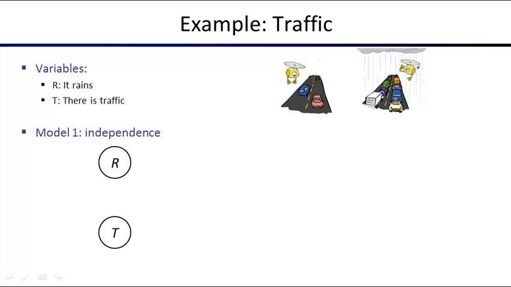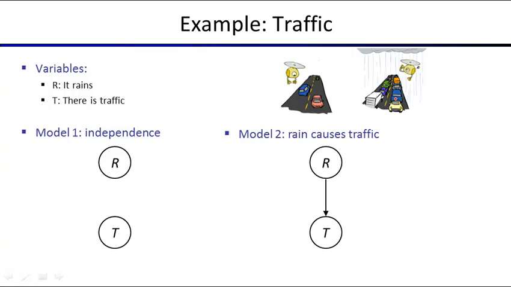If you say there is a causation there, you have a model with an arrow from rain to traffic. Both models are graphical models. One of them will be a closer match to the real world than the other one, but both are in some sense correct, mathematically correct graphical models. You'll want to pick the one that matches well with the real world. Okay, so you're going to prefer the right one because it allows you to reason about the connection between the two.